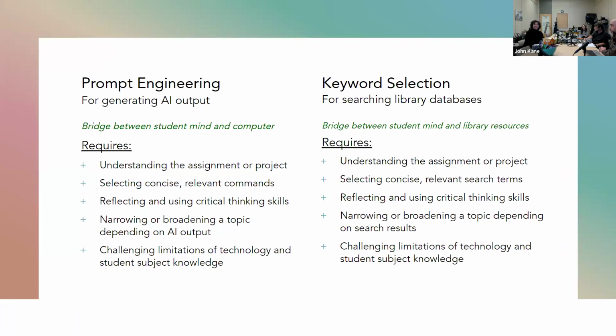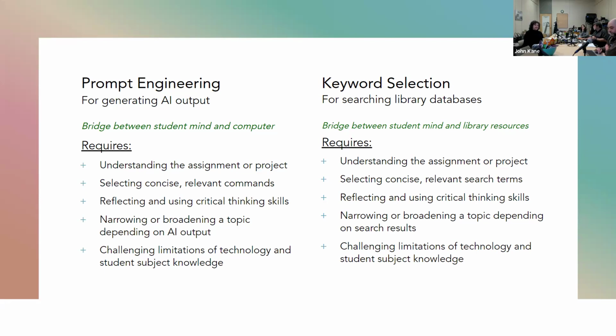So taking this a step further, we've laid this out here pretty clearly. You can see there's prompt engineering for generating AI output and keyword selection for searching library databases. They're both really a bridge between the student mind, or whoever is doing the research, and the AI or the library resources. They require an understanding of the assignment or the project.